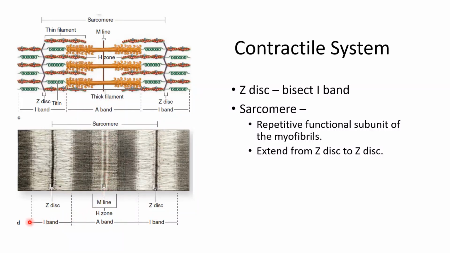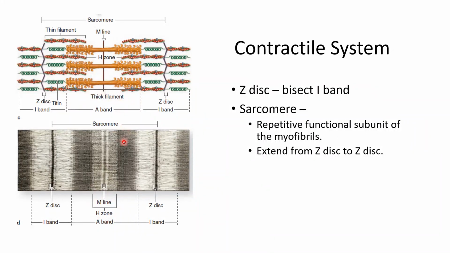Then you have the I band, which has only the thin filaments, and then the A bands, which span the length of the thick filaments. Then you have a zone called the H zone, which spans the length where you find only the thick filaments.